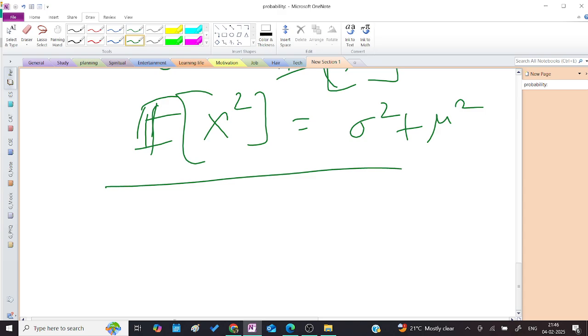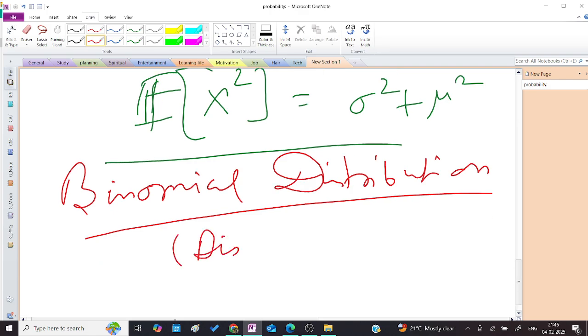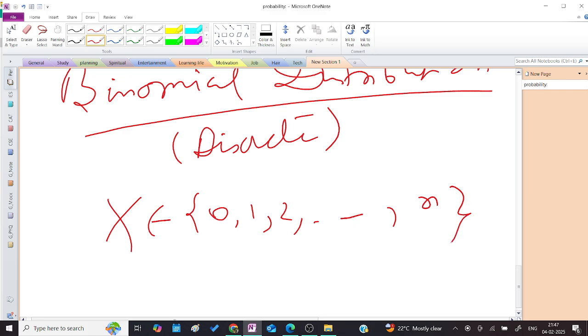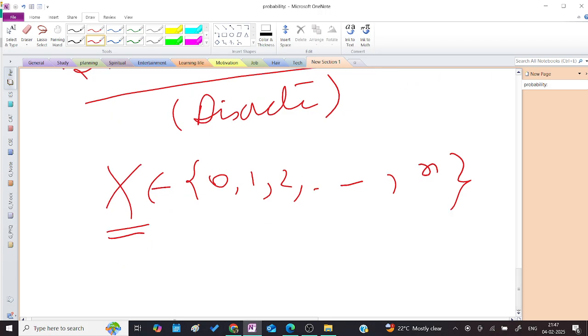So let's move to the Bernoulli and binomial distribution. This is for discrete distributions. Okay, so suppose x can take any value from 0, 1, 2 up to n, where capital X is the number of heads which can occur when we are tossing a coin n number of times.